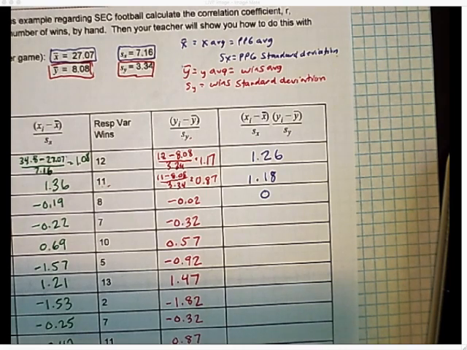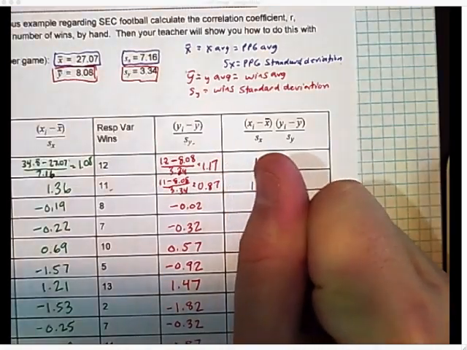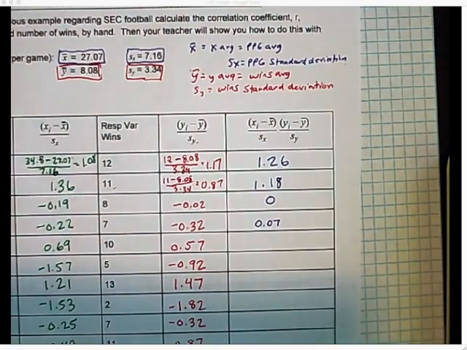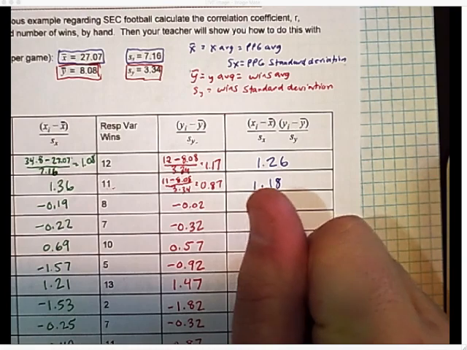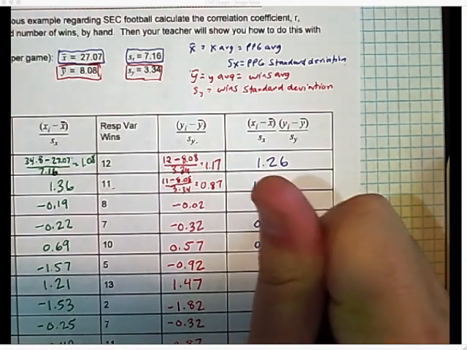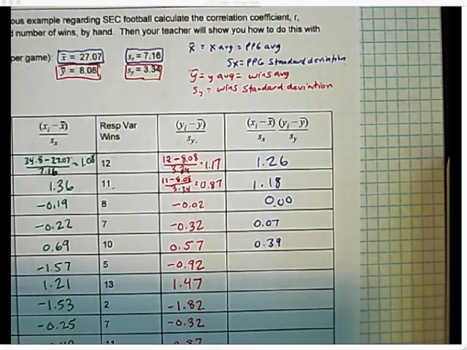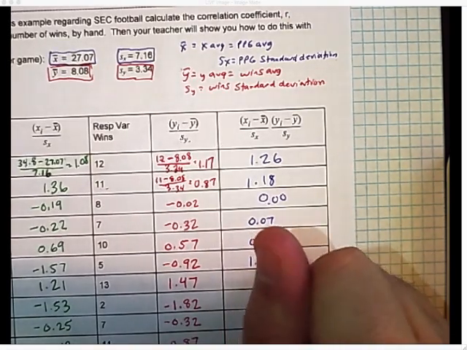Negative 0.22 times negative 0.32, that's about 0.07. 0.69 times 0.57 is 0.39. Negative 1.57 times negative 0.92 is 1.44.